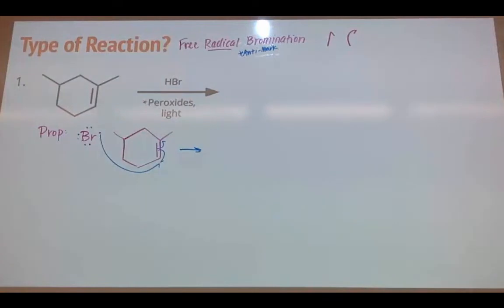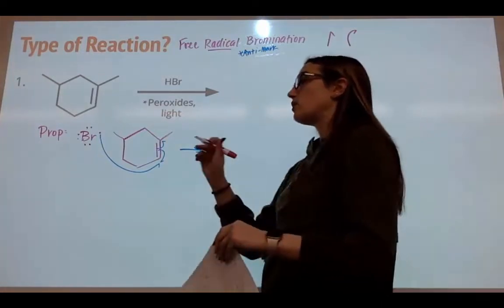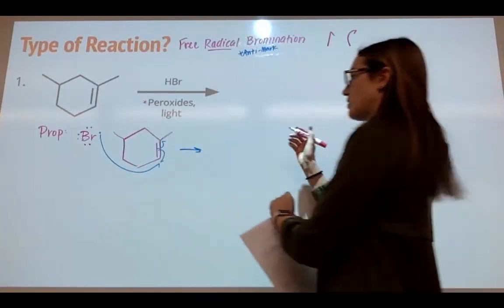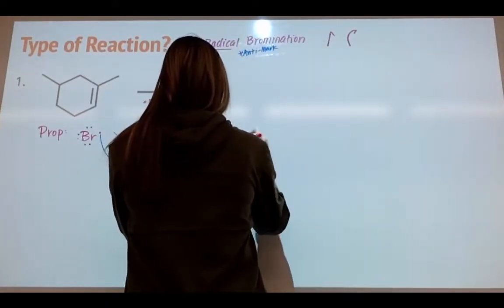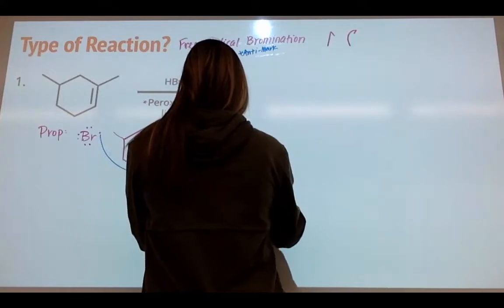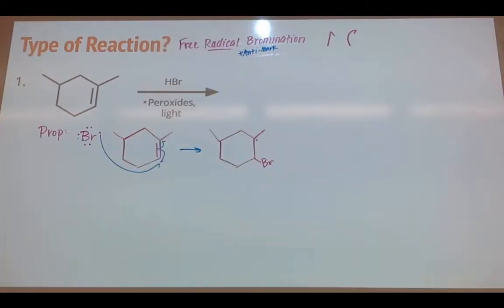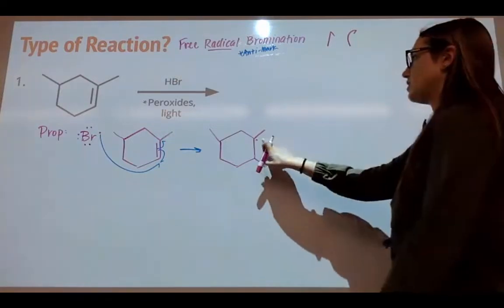So this is kind of like carbocations. Radicals want to form the most stable, which is the most substituted radical, which means the single electron is going to be on the more substituted carbon of the alkene. And if we draw the resulting product here, that single dot represents a single electron.